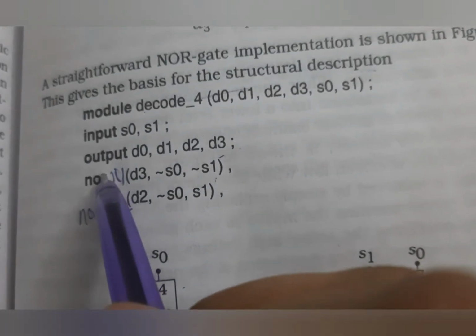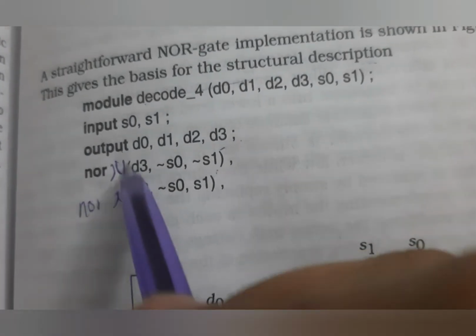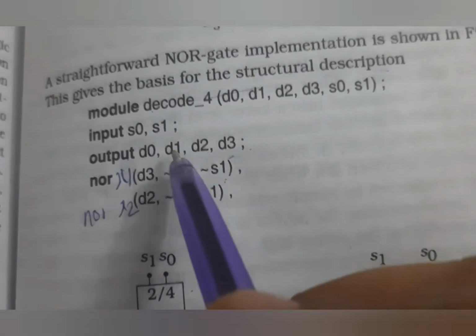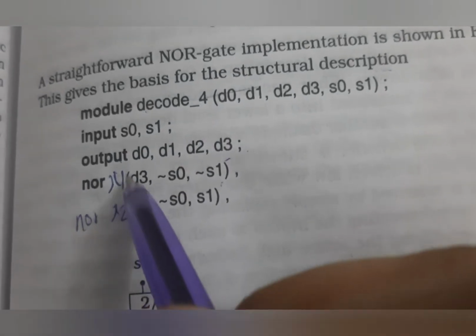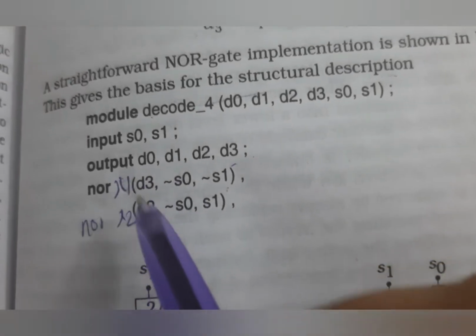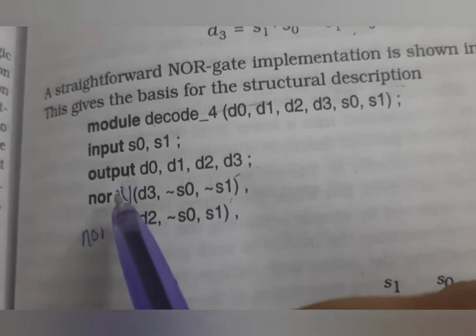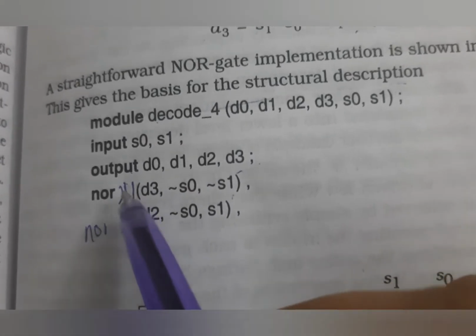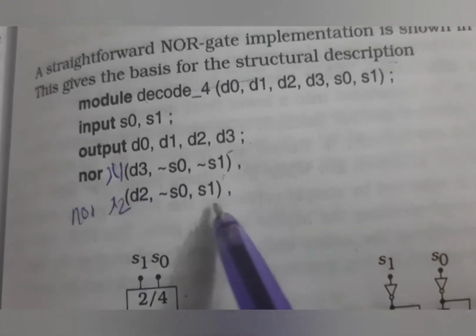If you want, you can give any name to each gate to differentiate the gates involved in the design. Without a gate name it also works perfectly, but to differentiate each operation we give a gate name. So nor x1, this is for D3.